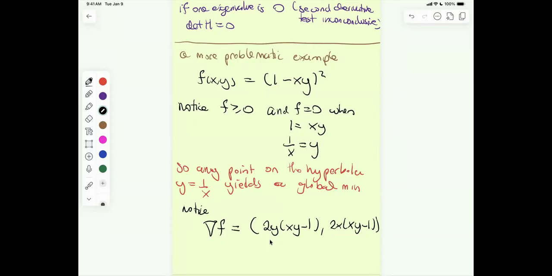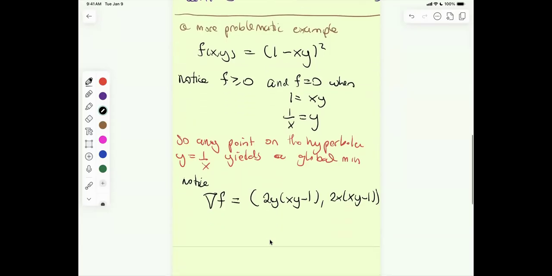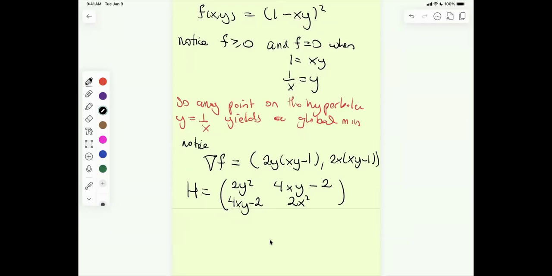And if you look at the Hessian matrix, this is the Hessian matrix at any point x comma y, whether it's critical or not. At a point on the hyperbola, you can replace y with 1/x in this matrix.